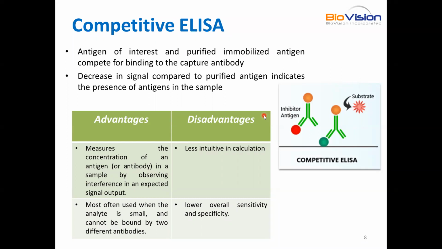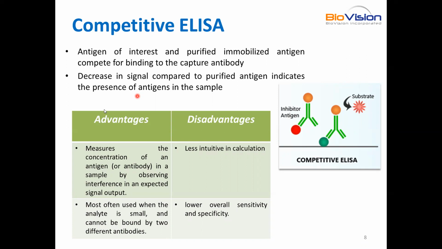They both compete for binding to the capture antibody. Decrease in signal compared to purified antigen indicates the presence of antigens in the sample. So the higher the signal, that means the lower the concentration of sample or antigen of interest. So it is inversely proportional. The concentration of the antigen in the sample is inversely proportional to the signal.